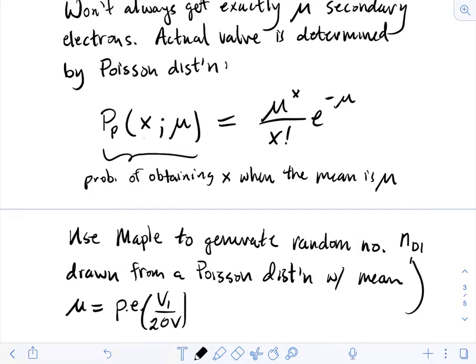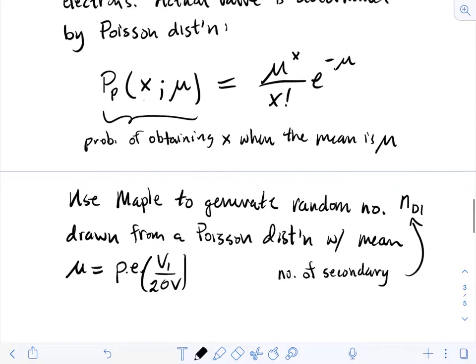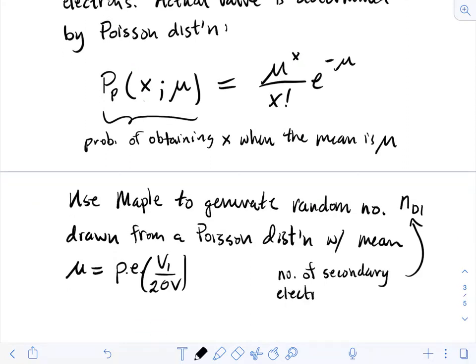And so this notation ND1 is the number of secondary electrons at the first dynode.